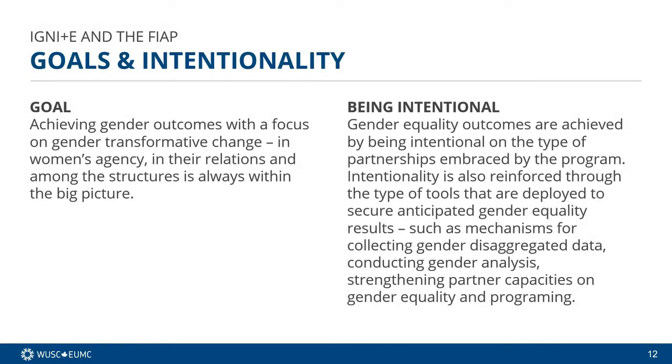Gendered social norms often constrain young women's ability to benefit from employment training and entrepreneurship programs, and can also restrict and guide their career choices. So gender analyses were conducted in all 6 IGNItE project countries at the beginning of the project.